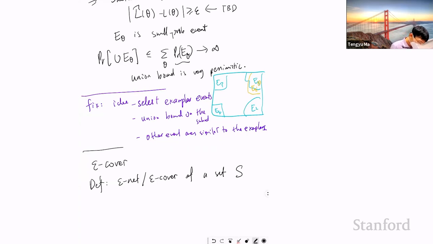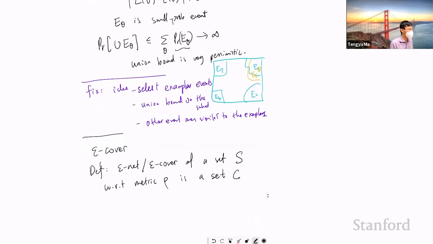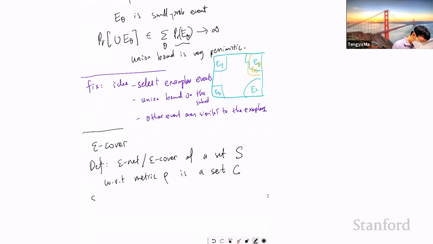With respect to a metric rho, when you really define it, you have to specify the metric. It's a set C, which is often a subset of S, though technically you don't have to require C to be a subset of S, but in almost all cases it is, such that for every X in S there exists a neighbor in C which is close to X.